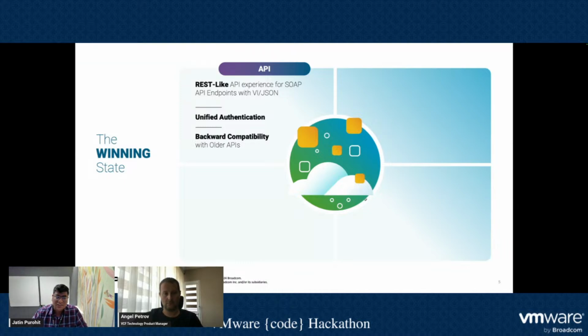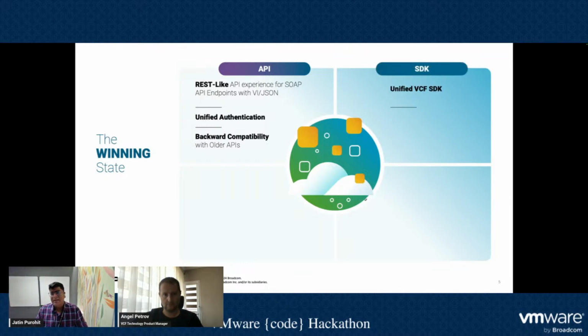What it means is that if you have existing solutions built on SOAP APIs, they will continue to run, they will continue to be supported, and we will ensure backward compatibility for all the APIs that we have on vSphere, vSAN, NSX, and across the VCF stack. So backward compatibility is ensured. We should not be worried about any of our solutions delivered with SOAP breaking in the future. That's not going to happen.